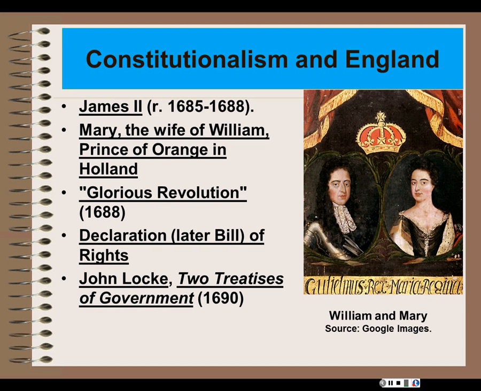Parliament offered the throne to William and Mary, provided they accept the terms of a great constitutional document called the Declaration, later the Bill of Rights, which stated that the monarch ruled at the pleasure of Parliament, not by divine right. Now we are seeing the separation of church and state.